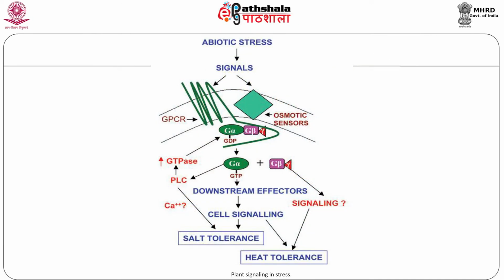G protein mediated signaling. Majority of the signals are mostly perceived at the level of membrane, and therefore transmembrane events are the likely routes for signal generation and transduction. In plants, the best characterized plasma membrane based receptors are of two kinds: transmembrane receptor enzymes, usually kinase, or G protein coupled receptors, that is GPCRs.